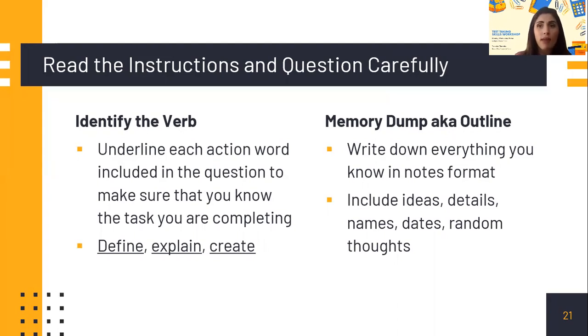But I always recommend doing this sort of memory dump, whether it's physically on a piece of paper or just in your mind, gather everything that you know about that question. You can include different ideas that you have, random details that you think of, names, dates, really any random thought that you have. So you can sort of keep track of everything that you want to include in your free response.